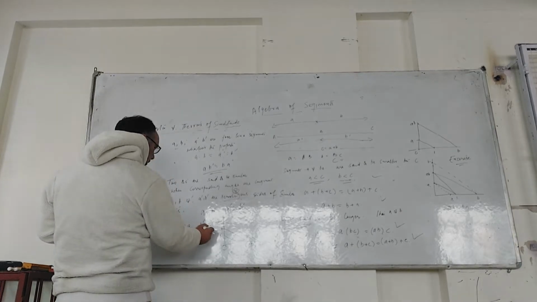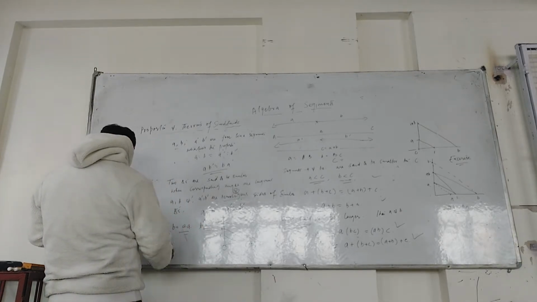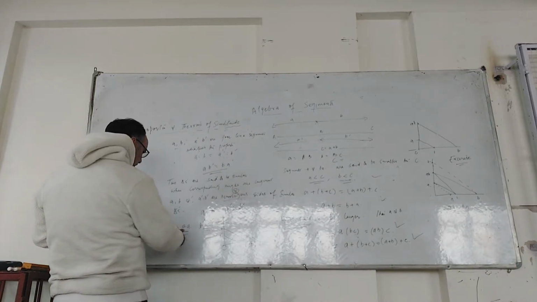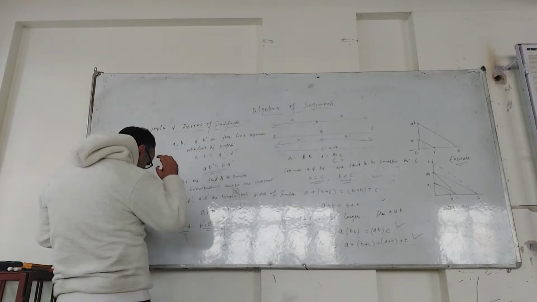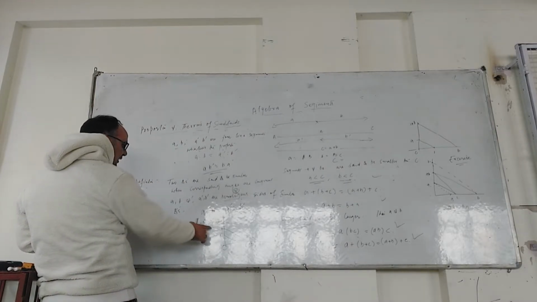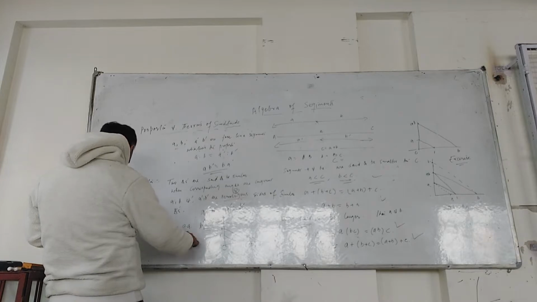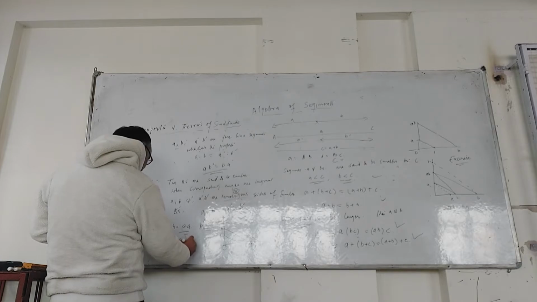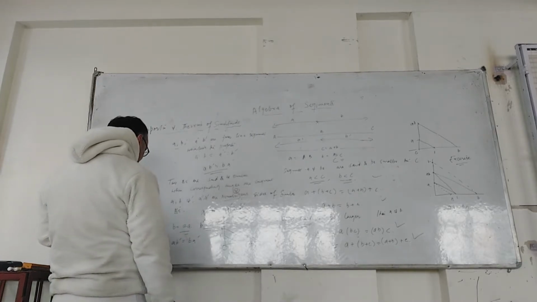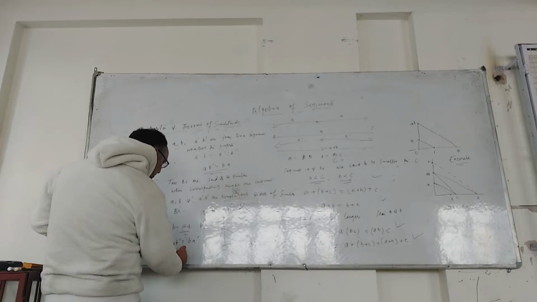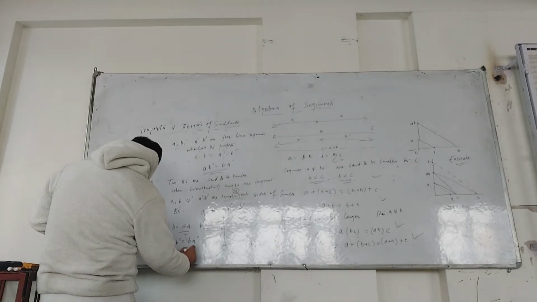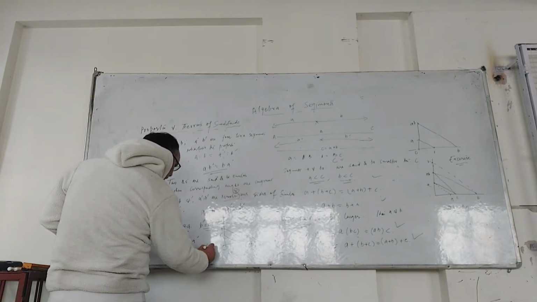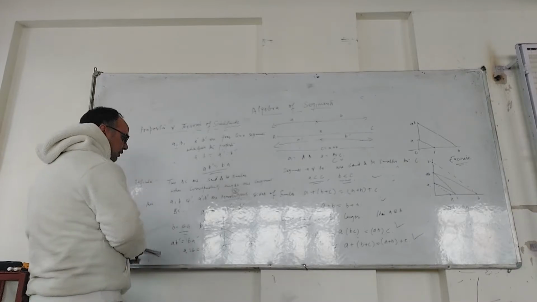From this, if you divide by this, E is going to be B by A, and E is going to be B prime by A prime. And from this, you can see that A prime is equal to B prime. So B by A is B dash by A.